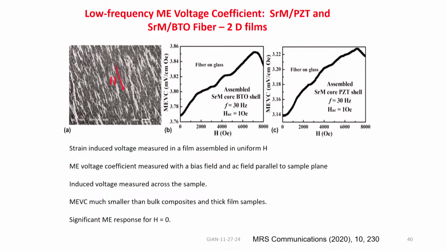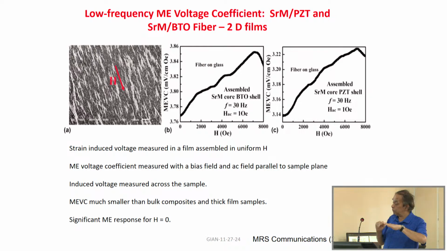And so, we also measured the low frequency magnetoelectric voltage coefficient in 2D or 3D films of these fibers. So, they were made by dissolving the fibers in ethyl alcohol and spreading it on a glass slide between two electrodes, and then you apply a magnetic field.